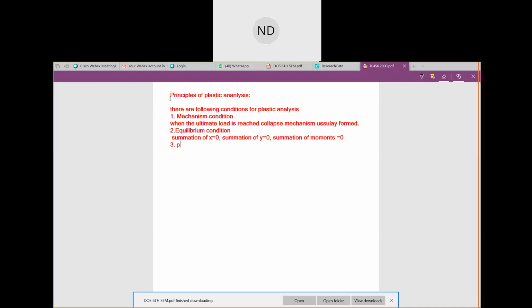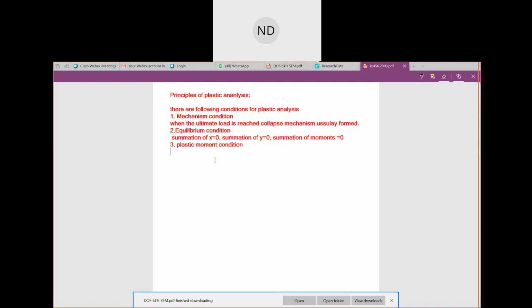So this is the plastic moment condition. These are the principles of plastic analysis. First is the mechanism condition, second is the equilibrium condition, then the plastic moment condition.